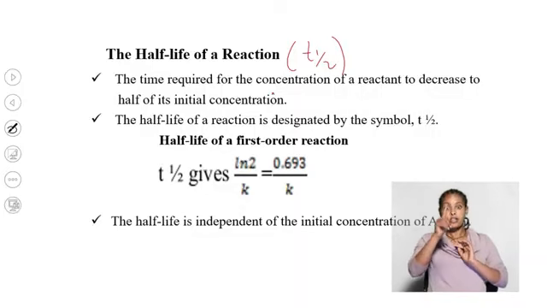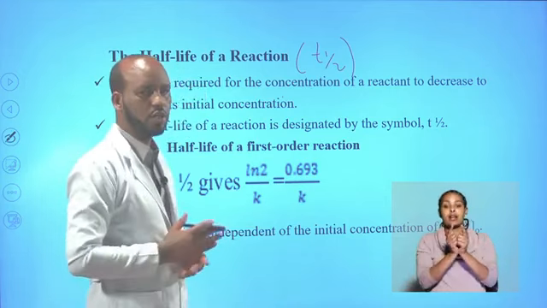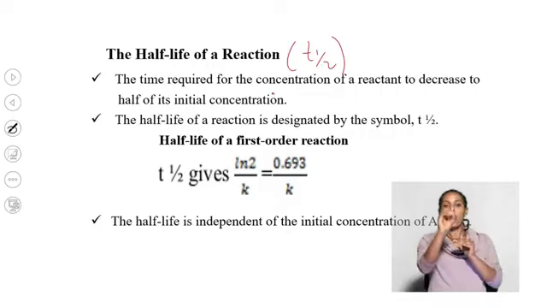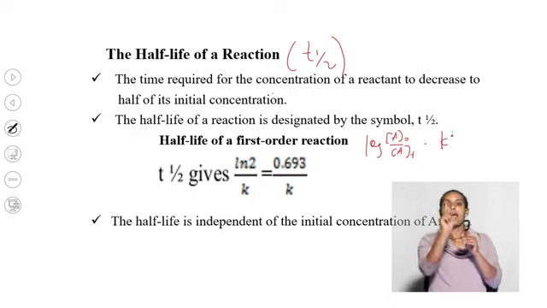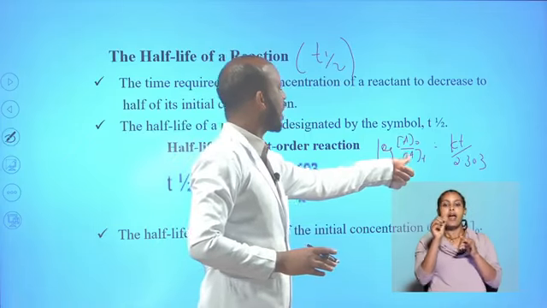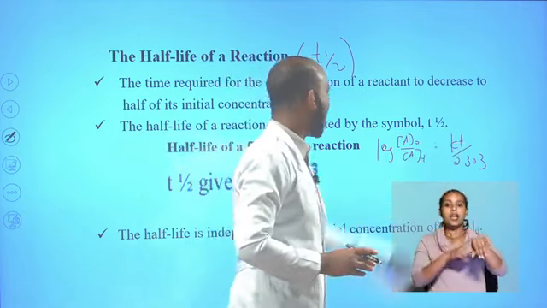Half-life of a first order reaction. The integrated rate equation for the first order reaction is: log of initial concentration A naught divided by concentration of A at any time t equals Kt divided by 2.303. When the concentration of A is half its initial concentration, the time is T half.